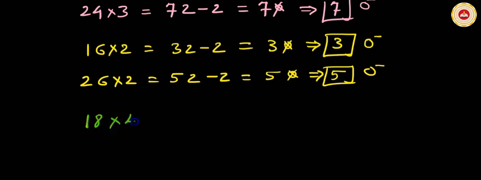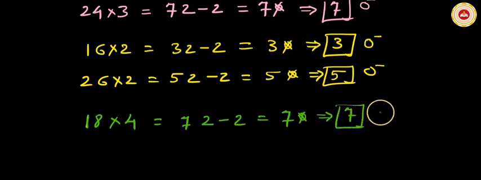I think it is 4. Correct? 72. Now we have got 72. Subtract 2 from 72, you get 70. Neglect this 0 and write 7 as it is. This 7 is negative osculator for given divisor 18.